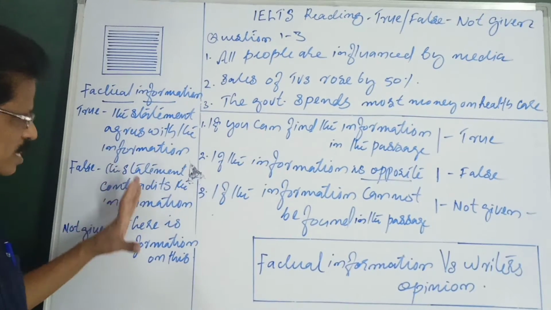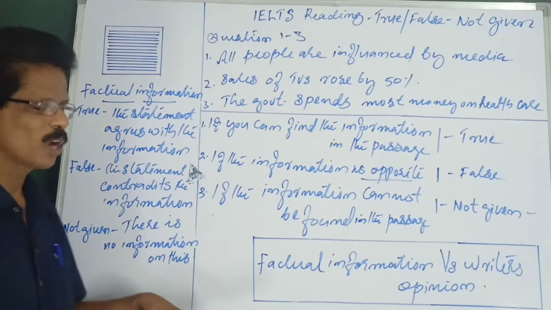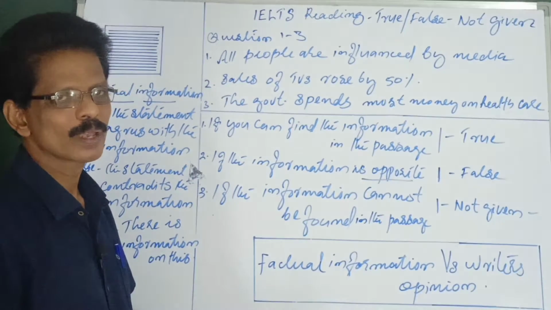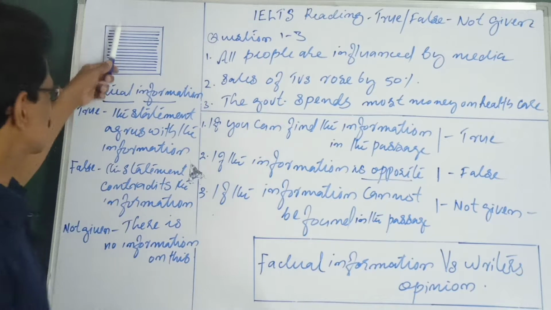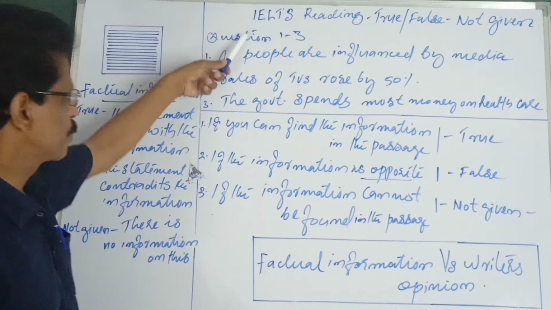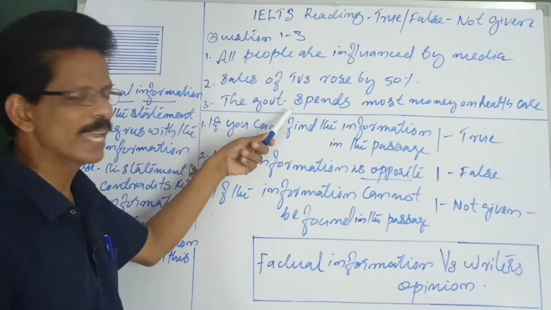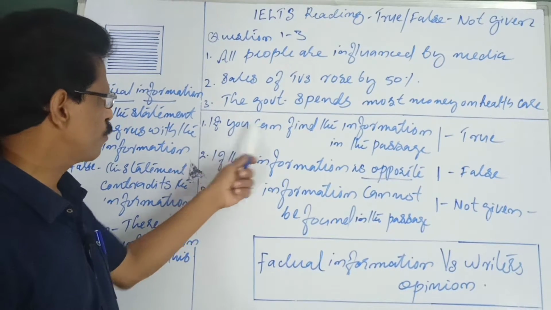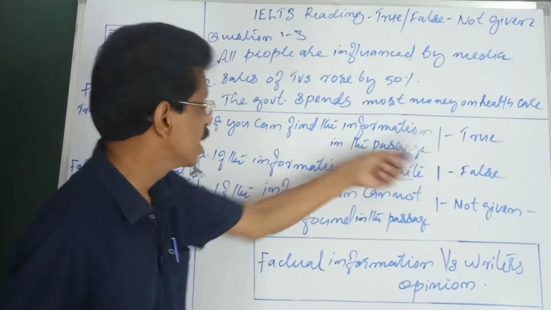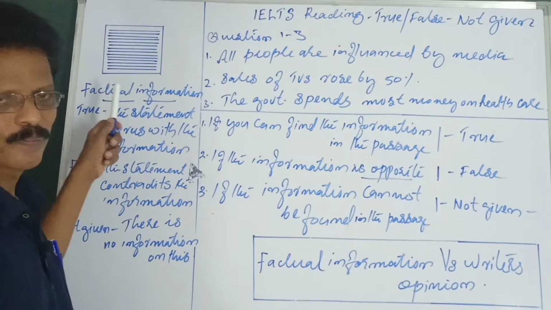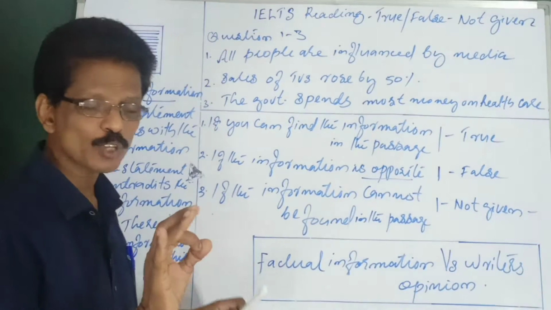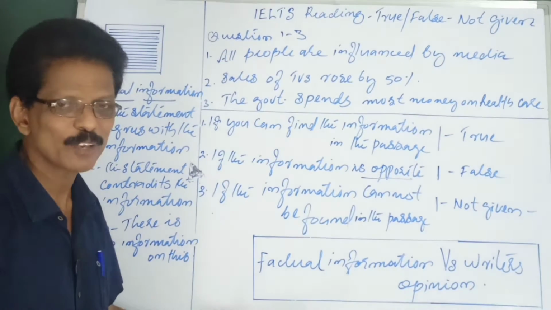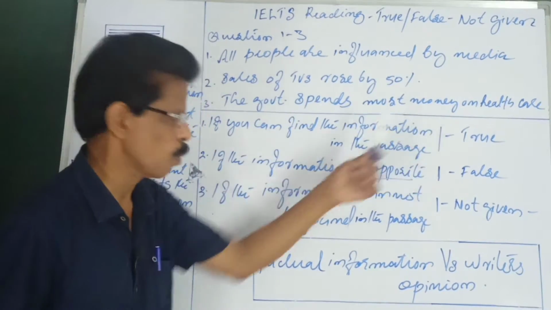Before going to that, once again see and understand what we have discussed now. The passage is given, then statements are given. Then find the real meaning of that. If you can find the factual information in the passage, it should be there, then your answer goes true.